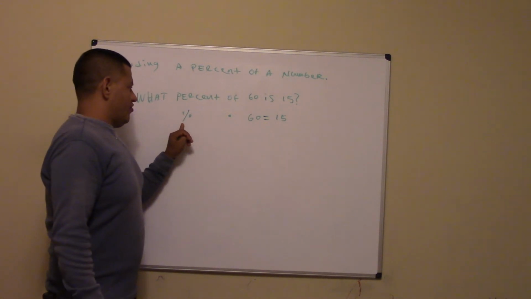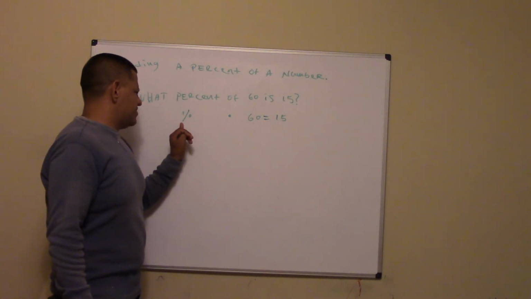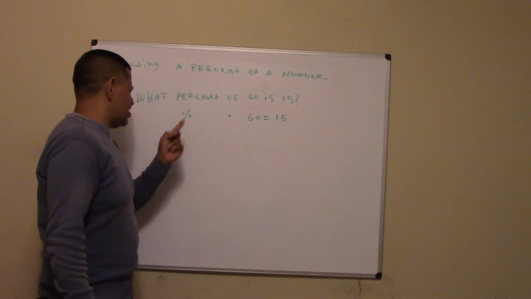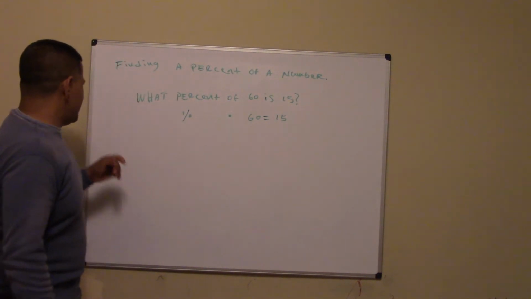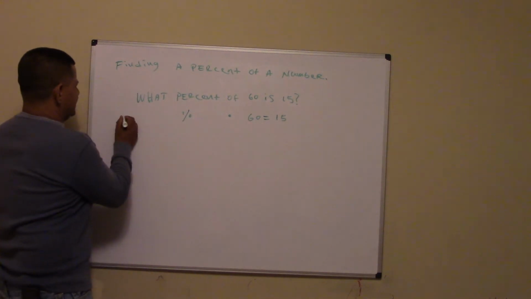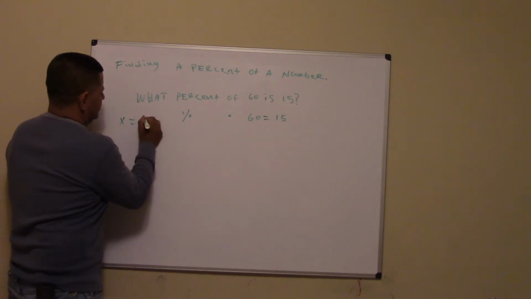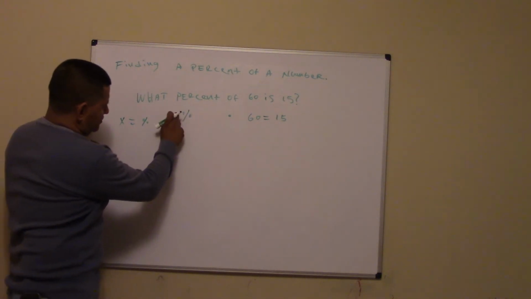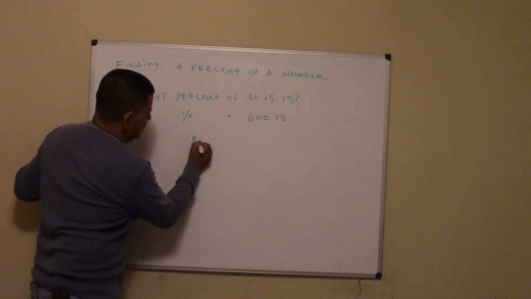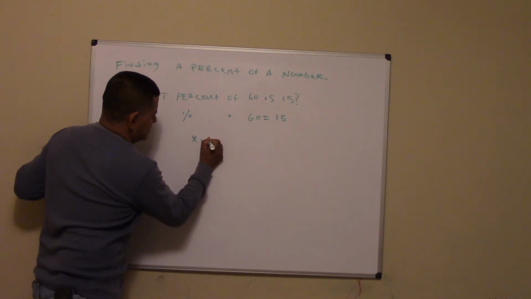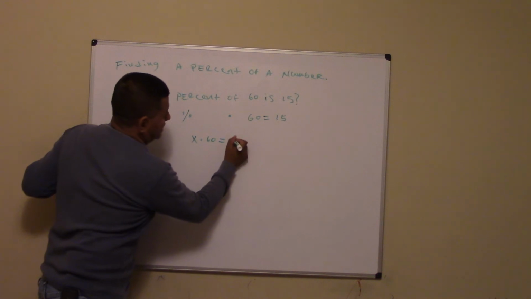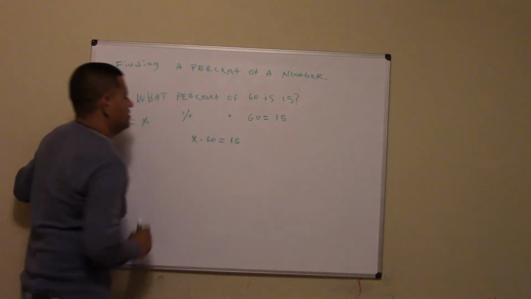But it's kind of weird to solve an equation using this percentage. So I would rather say that x is equal to that percentage. So now x times 60 equals 15, right?